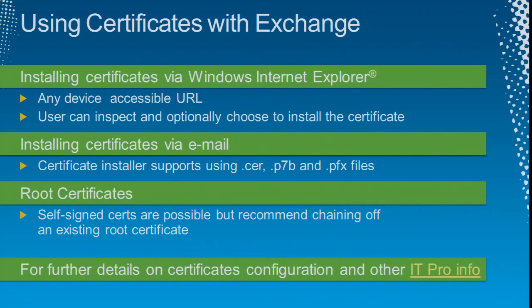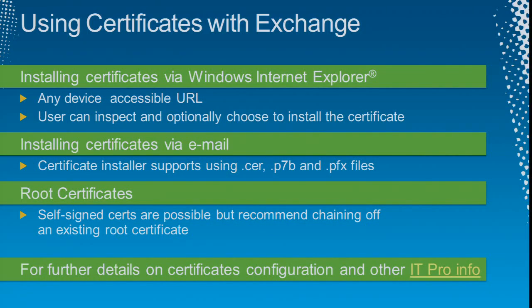So you can install certificates by a couple different means. One is you can access any available URL, whether it be an internal URL via Wi-Fi or an external URL via your wide area network. You're able to then grab it. You can grab a certificate and install from there. You're also able to email a certificate in .cer, P7b, or PFX format from inside your organization.